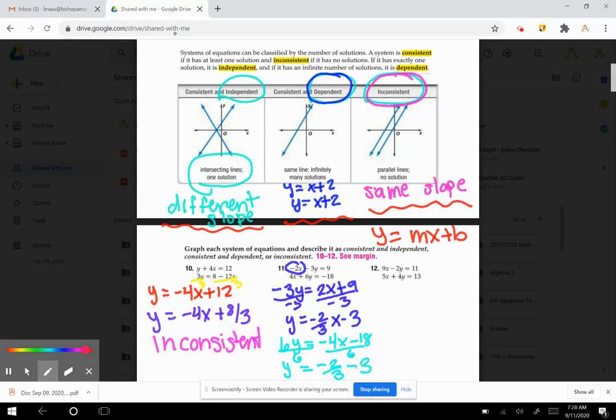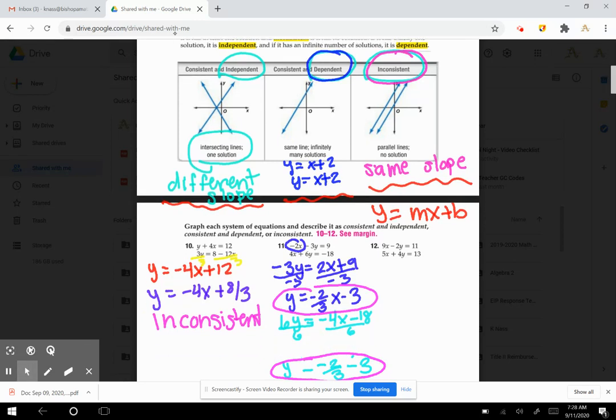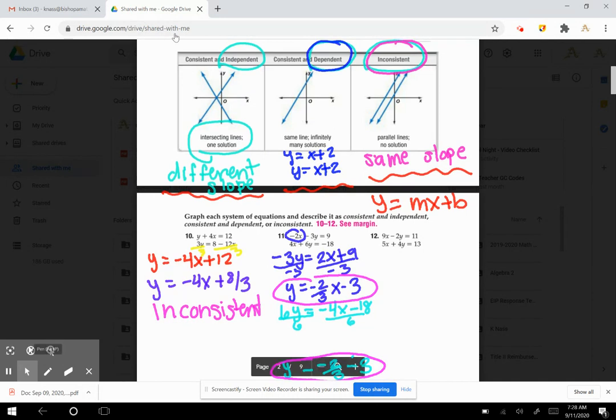So if I look at this equation and this equation, they're exactly the same. So this answer here is dependent.